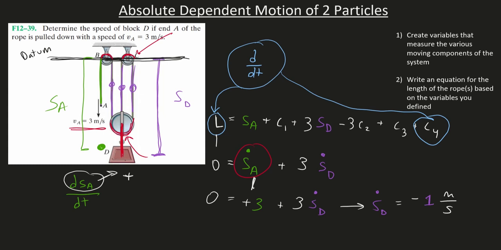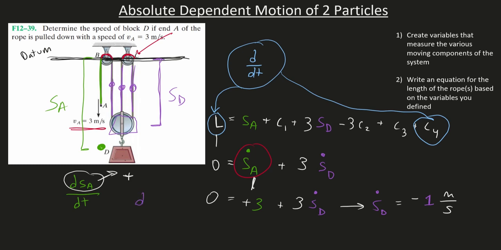And that negative should make sense. Here is my block D. We kind of intuitively know that if we drag A down, D will go up. Well, if D goes up, that position length, SD, will be decreasing.